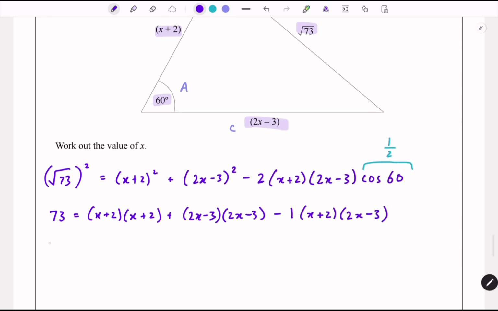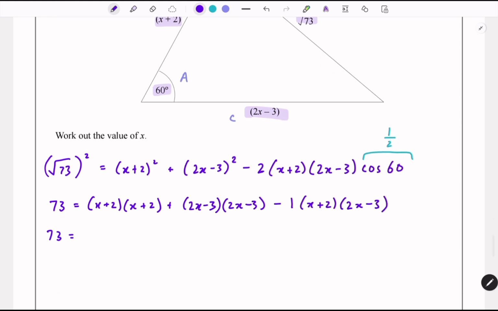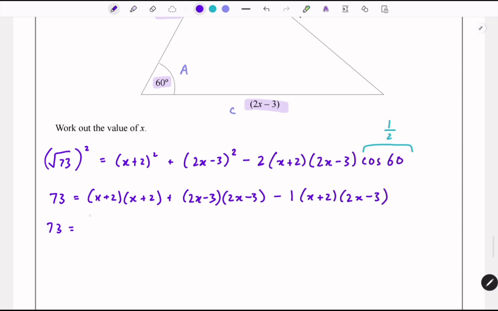Let's further simplify. We've got 73 equals, and we're going to expand these brackets. X times x is x squared, x times 2 is 2x, 2 times x is 2x, and 2 times 2 is 4. That's the first bracket. Plus 2x times 2x is 4x squared, 2x times minus 3 is minus 6x, minus 3 times 2x is minus 6x again, and minus 3 times minus 3 is plus 9.